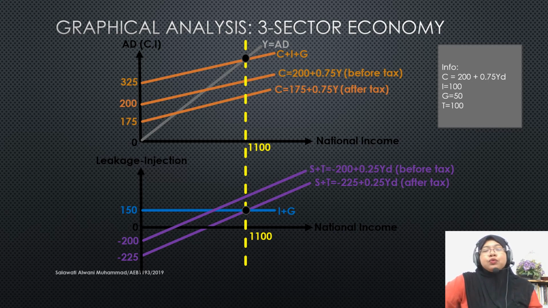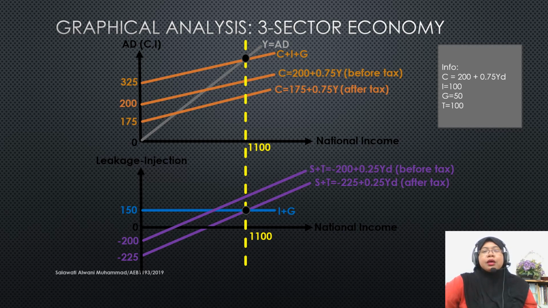C equal to 200 plus 0.775Y is before tax. The 200 is the autonomous consumption from the two-sector economy.